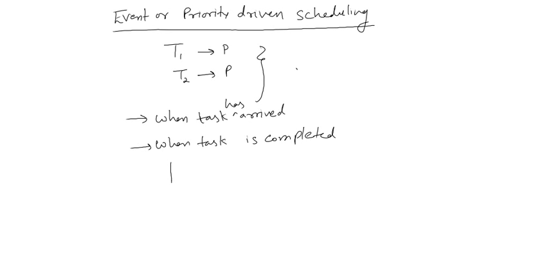Let's say this is your task T1 and it has started executing here, and here it has finished. Now the scheduler wakes up here. This is the scheduling point for event driven or priority driven scheduling, right? The scheduler wakes up and checks which task should be executed next. One condition is that the task should be ready; another is that a task is completed. So these are the scheduling points for event driven schedulers, right?